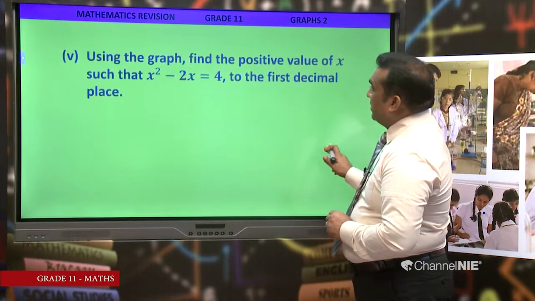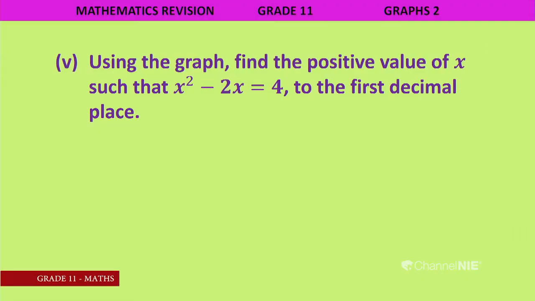Next one. Using the graph, find the positive value of x such that x squared minus 2x equals 4, to the first decimal place.